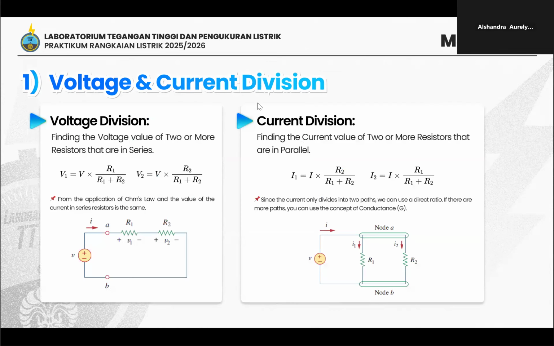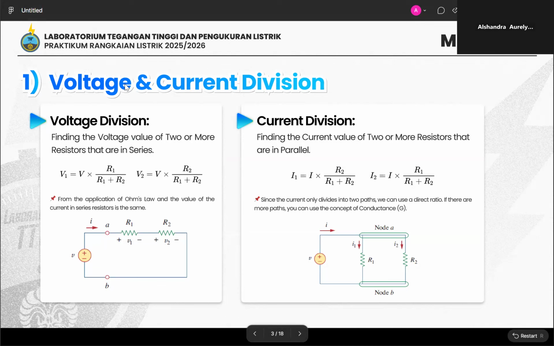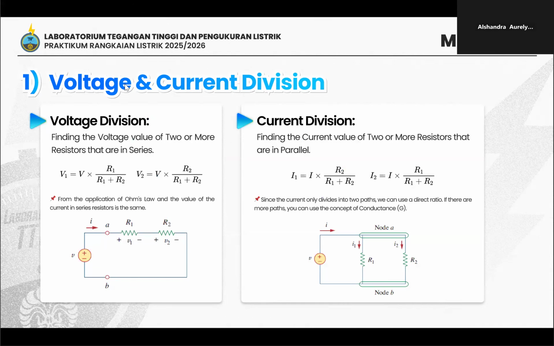So the first topic that we're going to talk about is voltage and current division. This is a basic law or principle that we need to know about how voltage and current work in different configurations. As we know, voltage has the same value across two loads when they're in parallel, while current has the same value when they are in series.